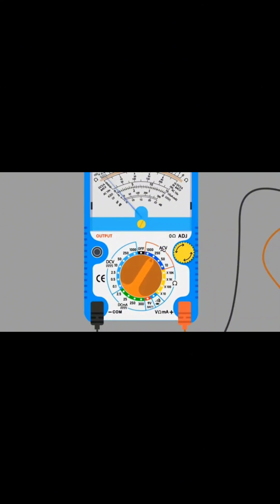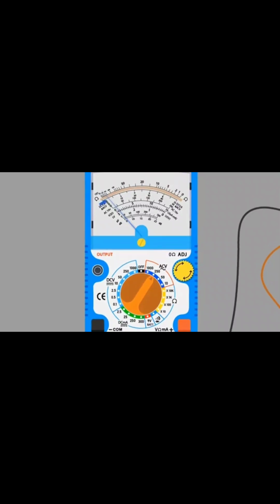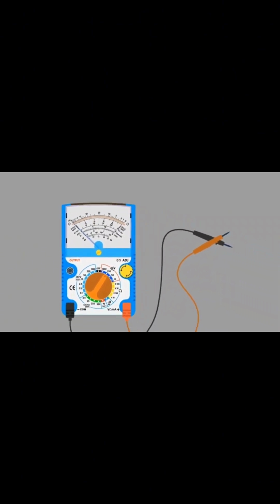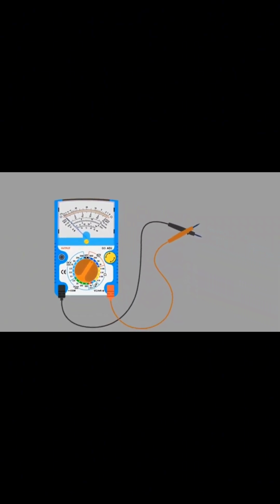Select the 250 volts range. Now, it's time to calibrate the multimeter. If you see the needle, it is not at 0. In order to move it to 0, rotate the 0 ohm knob clockwise or anti-clockwise with the help of a screwdriver. Now our multimeter is calibrated and ready to take a reading.